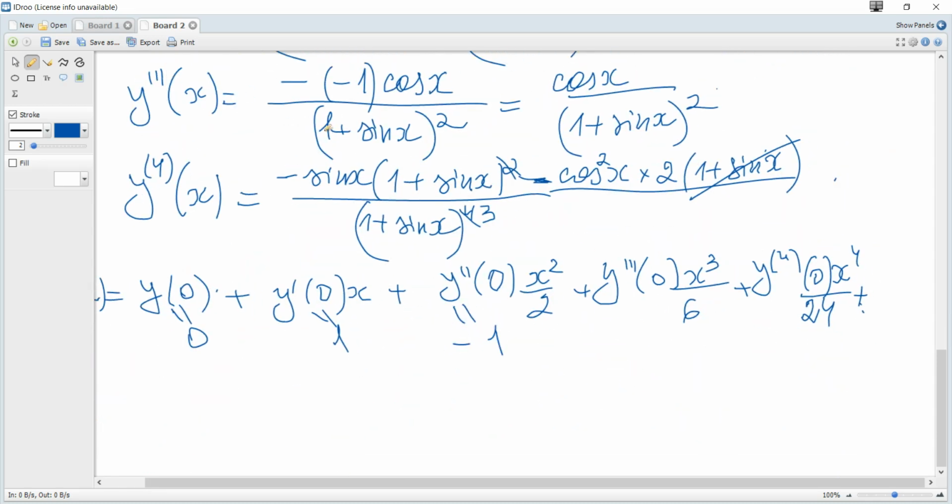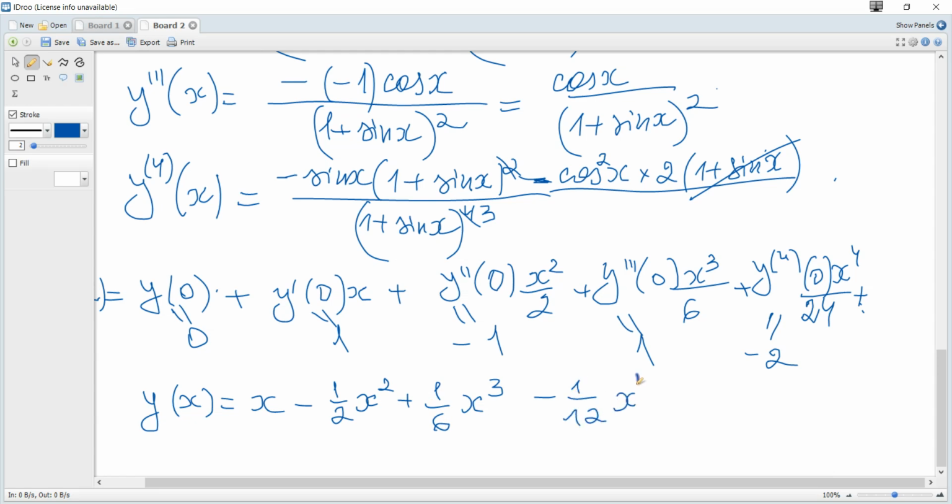-1. This third one at 0, 1 over 1 is 1. And the fourth at 0 is 0 minus 2 over 1 is -2. So it becomes x minus half x squared plus 1 over 6x cubed minus 1 over 12x to the power of 4.